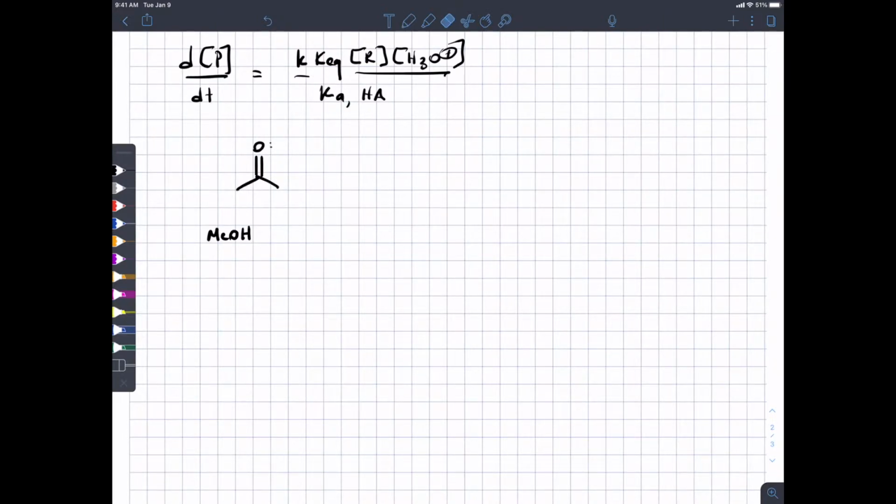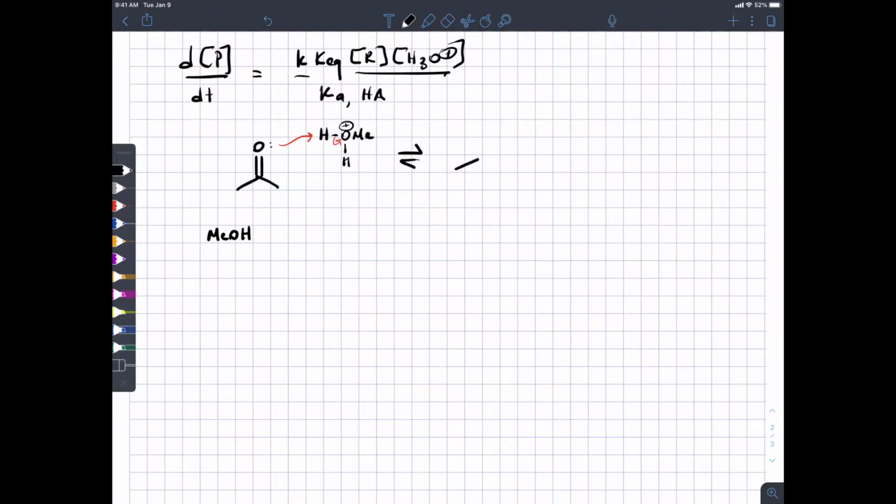in a pre-equilibrium step, I get a proton from some source. Who knows? It might be the specific acid, which is the protonated form of the solvent, or it could be an acid that I add.